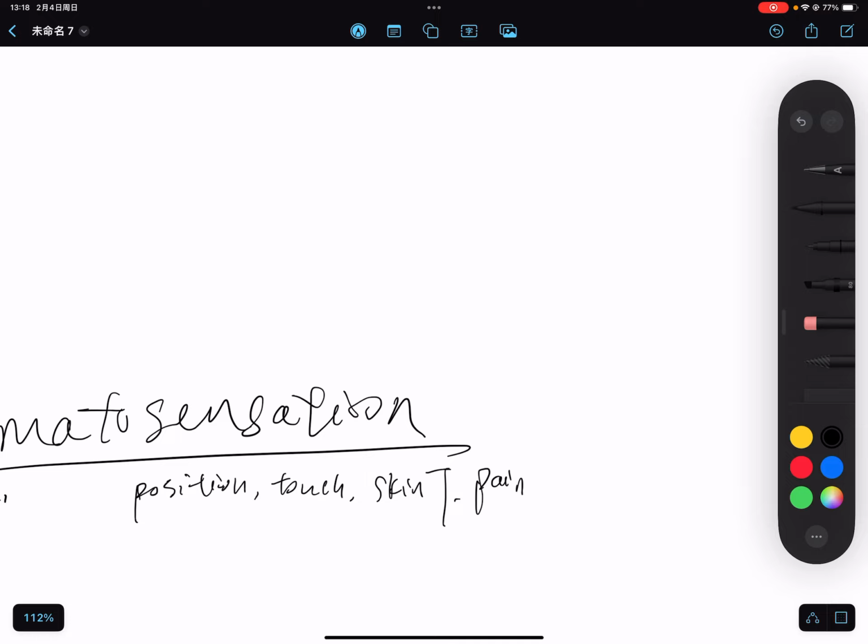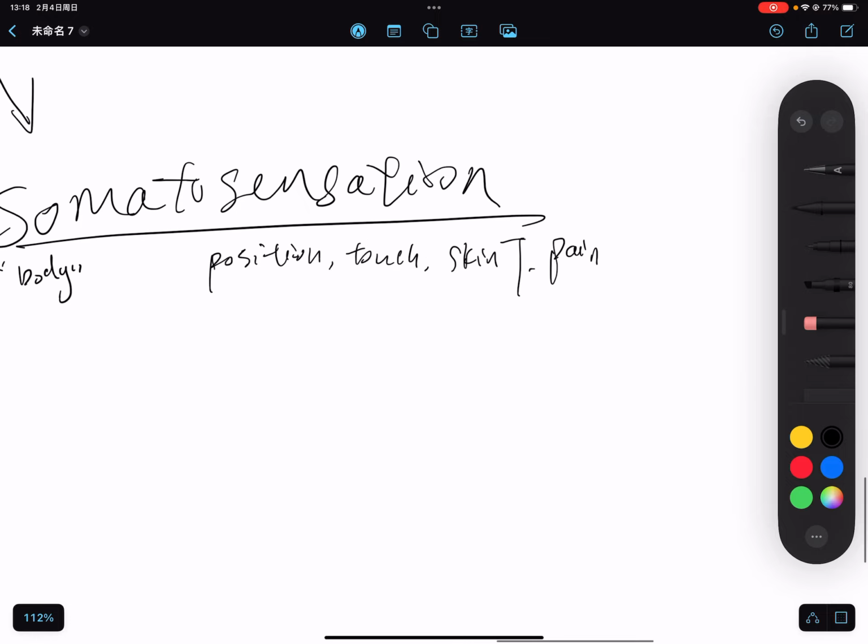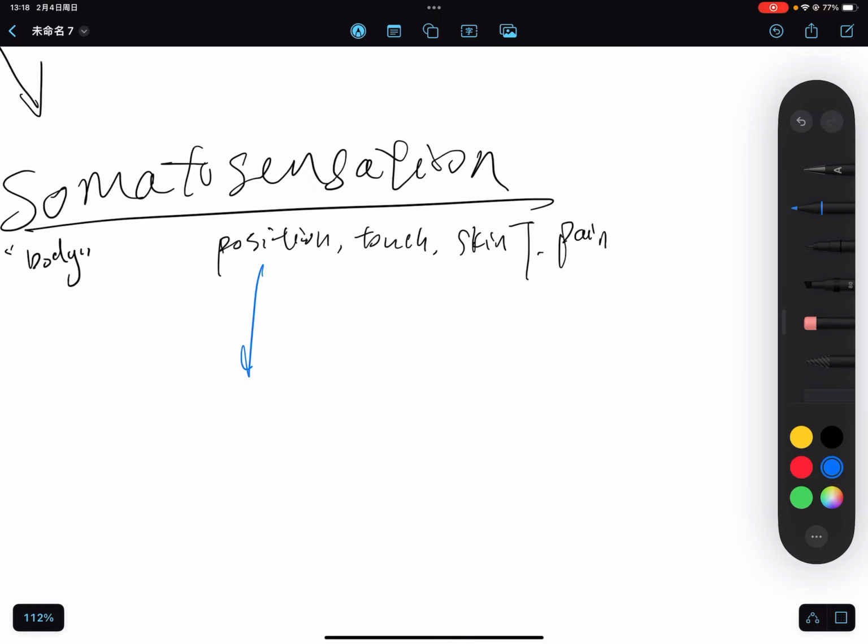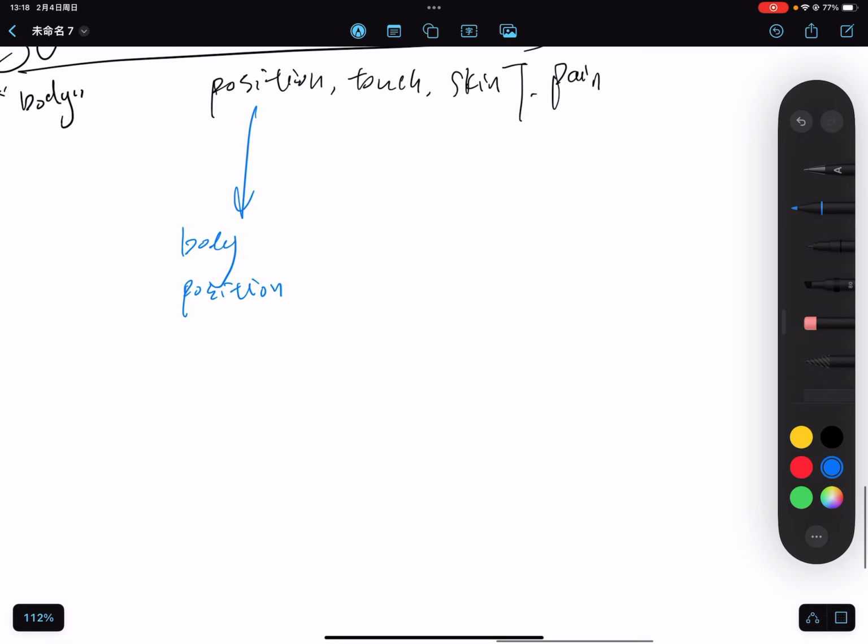So in this way, we first talk about body position. For body position, we return to the inner ear. Adjacent to the structure responsible for encoding sound, we find the structure called the vestibular system, which provides us with information about body position and movement.